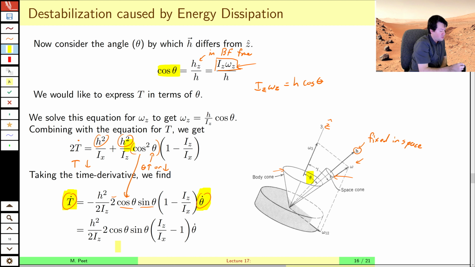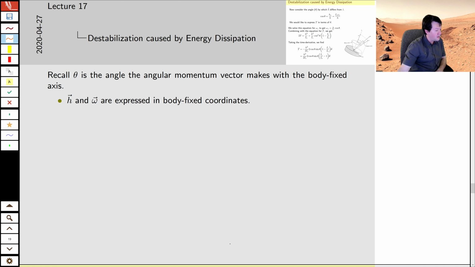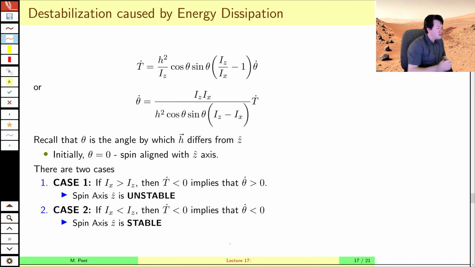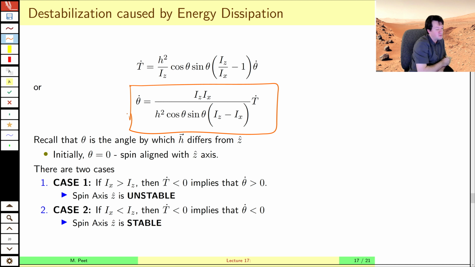And what we're interested in is when t dot is less than 0, is theta dot less than 0 or theta dot greater than 0. So just to make life easier, we invert this a little bit, right? So we solve for theta dot in terms of t dot.